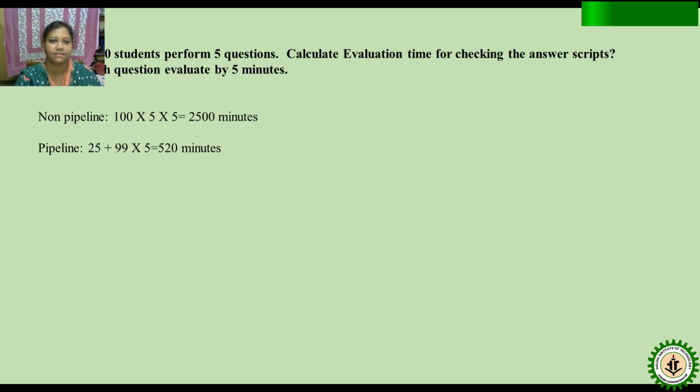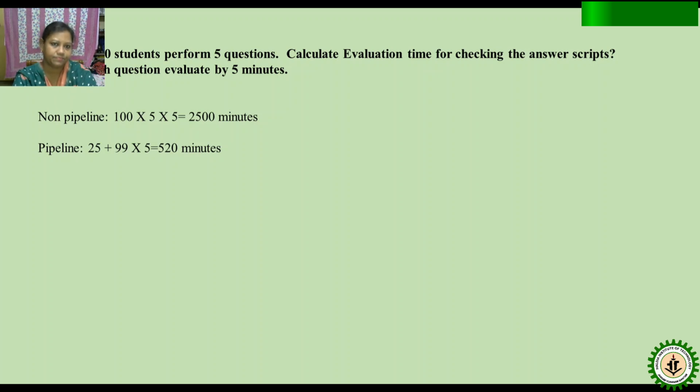Now take an example. Suppose there are 100 students and 5 questions in the exam paper, and 100 students appear in that particular examination. Now calculate the evaluation time for checking the answer scripts, and assume each question takes 5 minutes to evaluate.